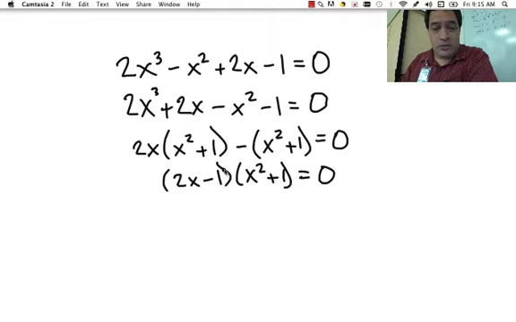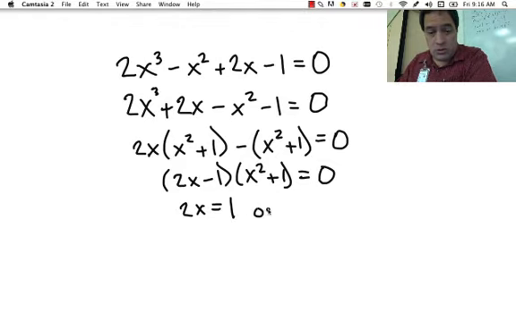As you can see, either this is 0 or this is 0 to make this true. So what does this x have to be to make this 0? Well, this 2x has to be equal to the additive inverse of -1, which is 1. So 2x has to equal 1.